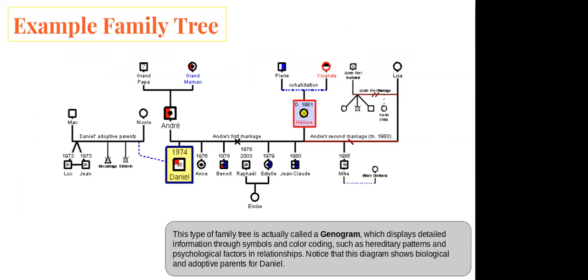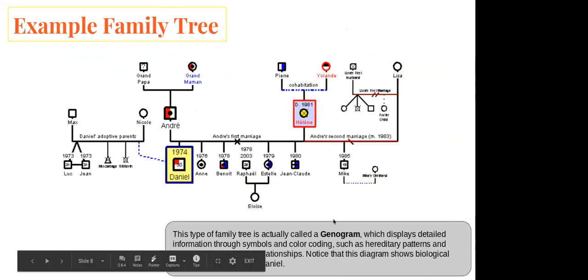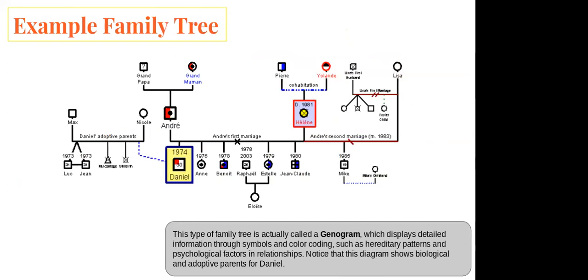This would be another type of family tree called a genogram, like you can see down here. Genograms display detailed information through symbols and color coding, such as hereditary patterns, psychological factors, and relationships. Notice that this diagram shows biological and adoptive parents for Daniel. What genograms do is look at the actual genetic makeup, and we do a family tree that way.